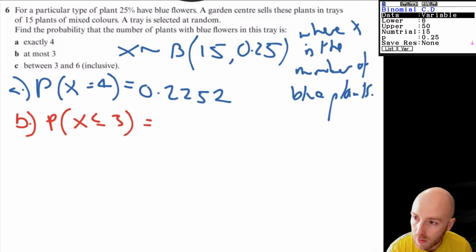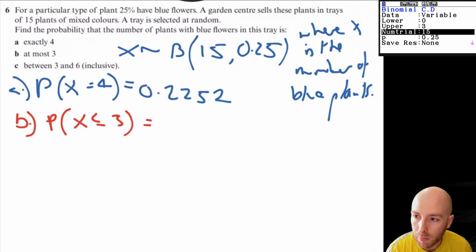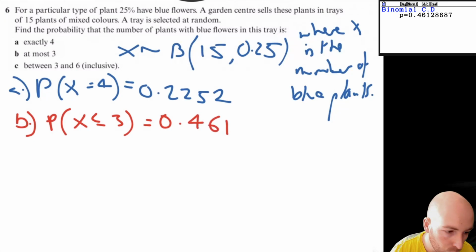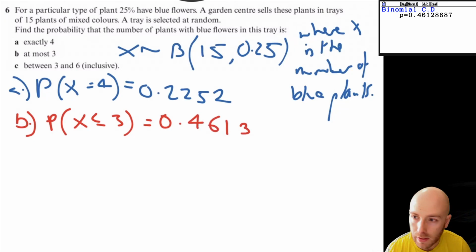At most 3, so low is going to be 0, high is going to be 3. Everything else should stay the same. And we get 0.4612. It's 0.4613 even with correct rounding. So Elliot, your rounding is wrong. And the other two, 4 decimal places if you could.